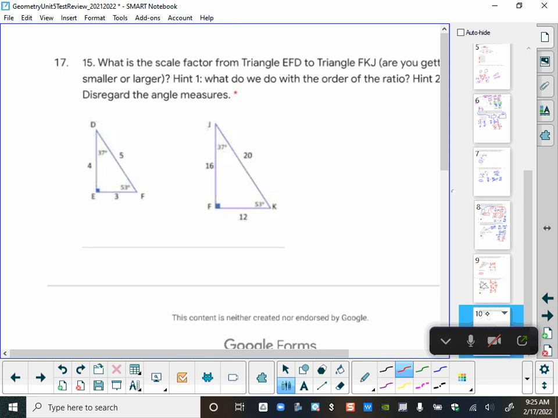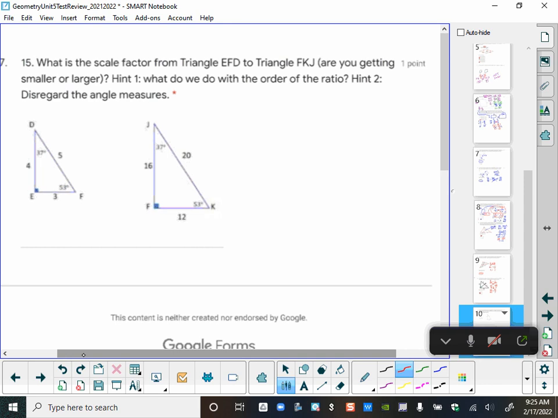All right. Heads up. Scale factor. Okay. Here's the important thing about scale factor, ladies and gentlemen. Hold on, we're not done yet. With the scale factor, order matters. So, scale factor, order. Now, ask yourself a couple questions.